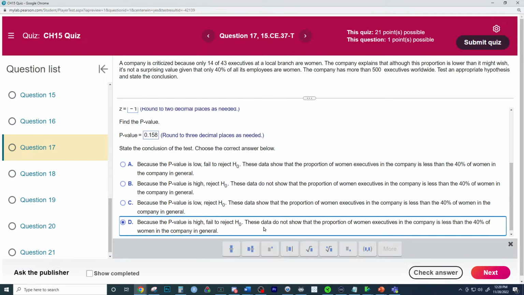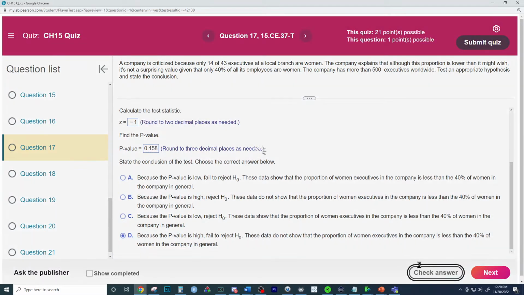These data do not show that the proportion of women executives at companies is less than 40%. And yeah, it's a little bit lower, but not lower than we would have expected due to random chance. So exactly, really good work right there. Pretty tough question. So yeah, good stuff. You're welcome, Meredith. Great job.